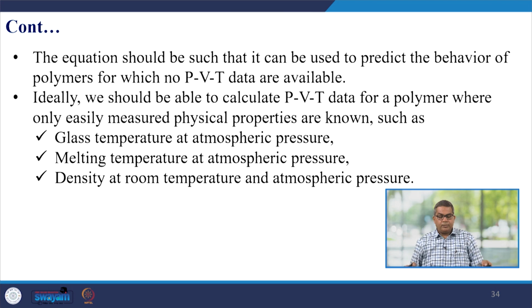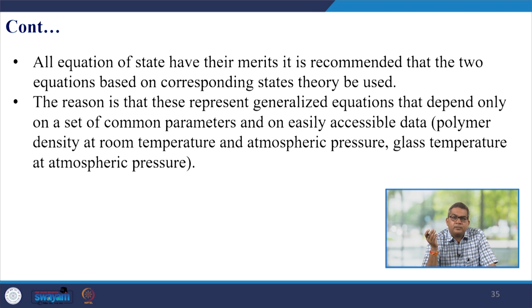Ideally, we should be able to calculate pressure, volume, temperature data for a polymer where only easily measured physical properties are known, like glass transition temperature at atmospheric pressure, melting temperature at atmospheric pressure, and density at room temperature and atmospheric pressure. All equations of state have their merits.